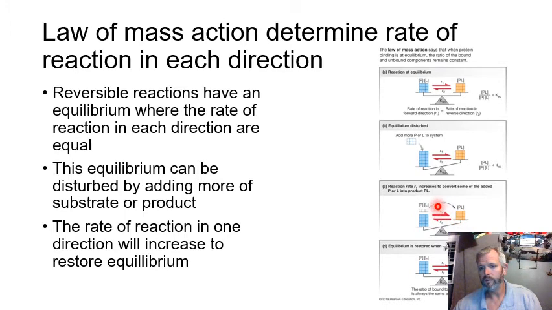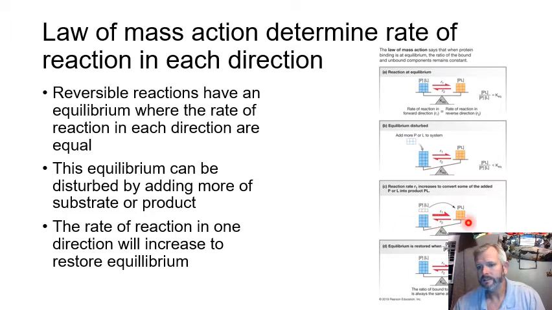So this will convert more of this to this than this to that. And eventually what will happen? Equations will equal out again. Okay, and that's the law of mass action. If we add to one side, basically the rate of reaction is going to change to bring us back to the equilibrium in the reaction.